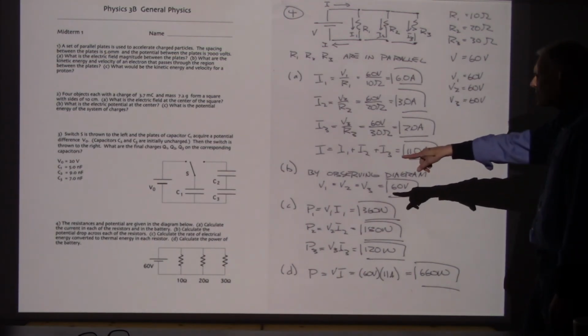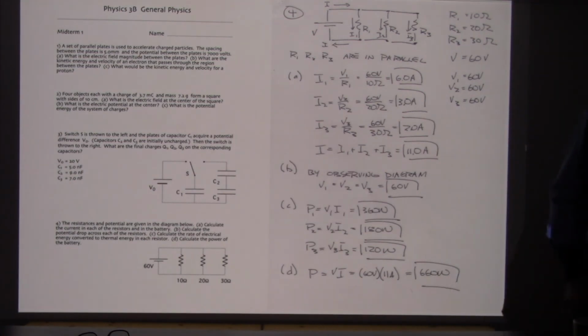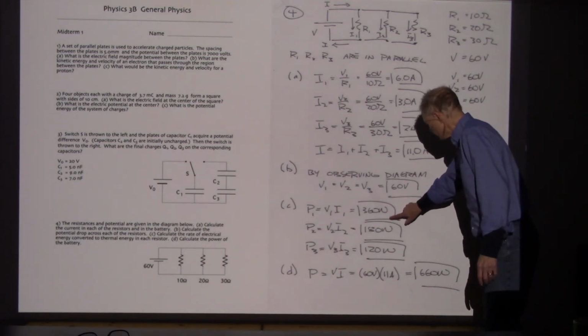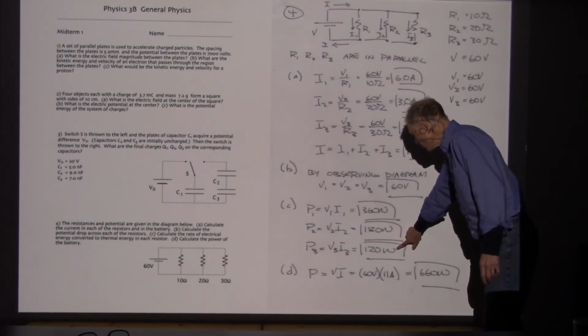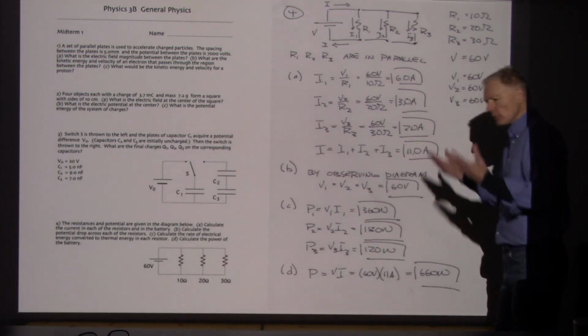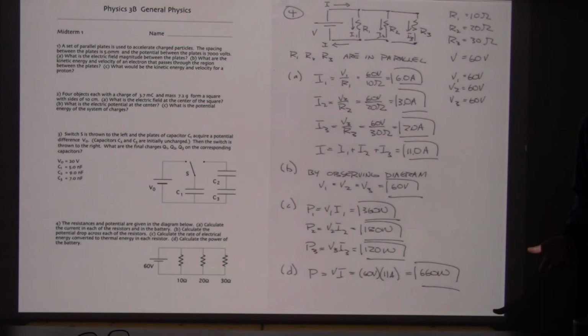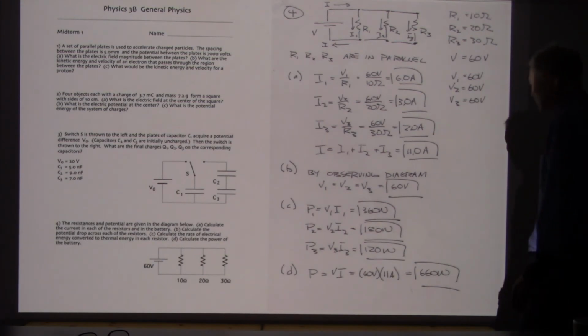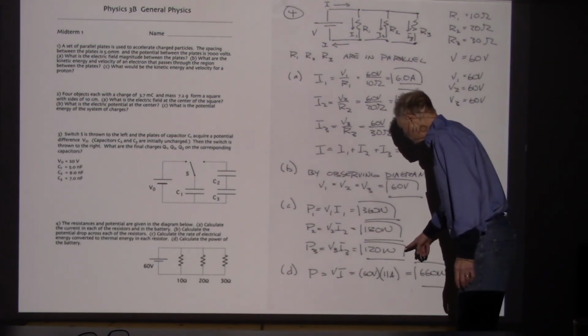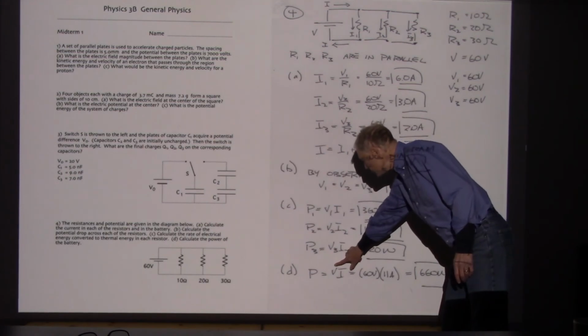And then D says, what's the power of the battery? Now, there's a couple different approaches here, right? We could say, well, energy conservation says that the rate at which electrical energy is being converted to thermal energy in the resistors would have to match the power of the battery. Or we could go back and use VI.